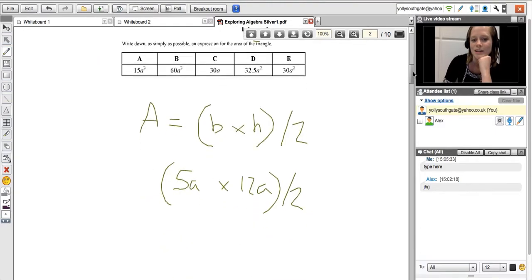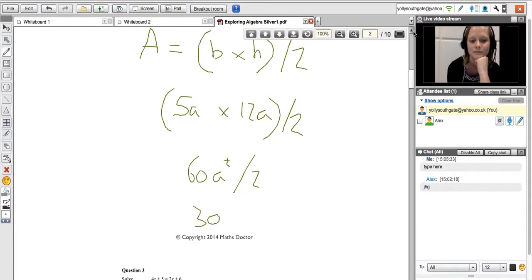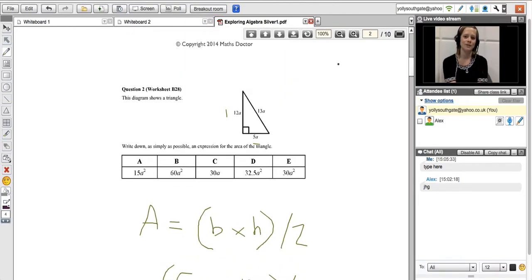And can you simplify that down? 5 times 12. That's 60. Well done. Divided by 2. So what's the answer? That's good. Well done. That's correct. And if we just go back up to the top, because it's multiple choice, isn't it? Which option is the right answer? E. Fantastic. Good job on that one.